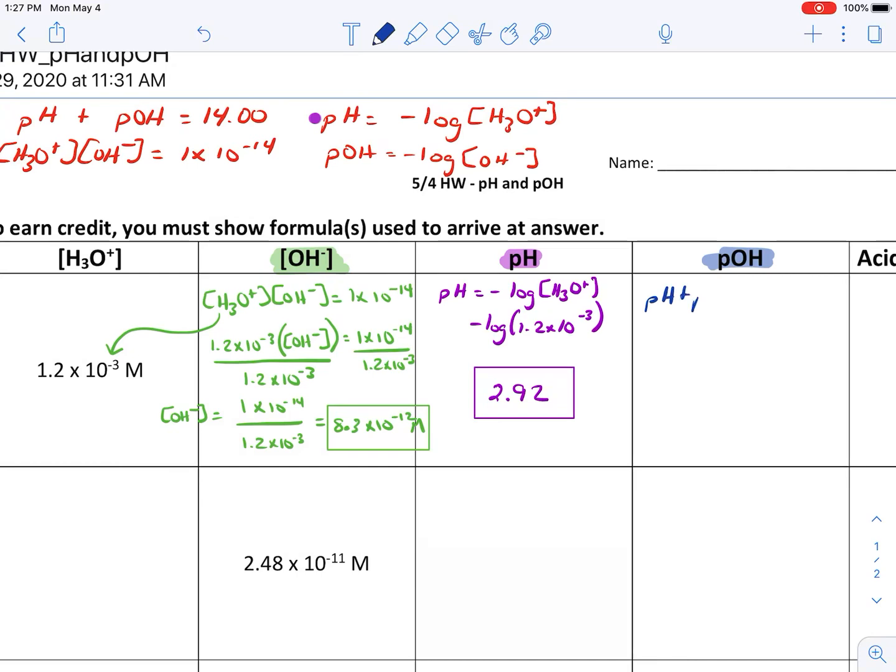Then we just plug in our pH, so we've got 2.92 plus pOH equals 14.